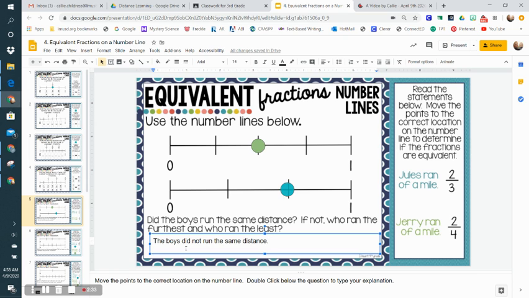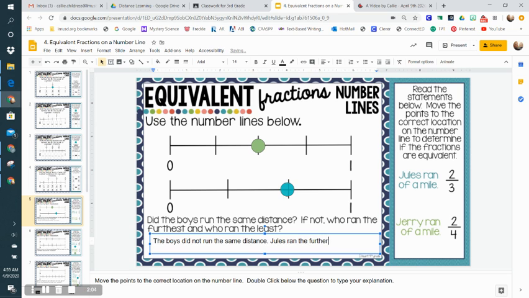All right, so that's my first question. If not, who ran the furthest? Okay, so it looks like the 2/3. So Jules. So this blue kind of helped me, you guys. Jules ran 2/3 of a mile in blue, so her dot is also in blue here. So she ran the furthest. Jules ran the furthest. And I'm just using the words and the vocabulary straight from the question, you guys.